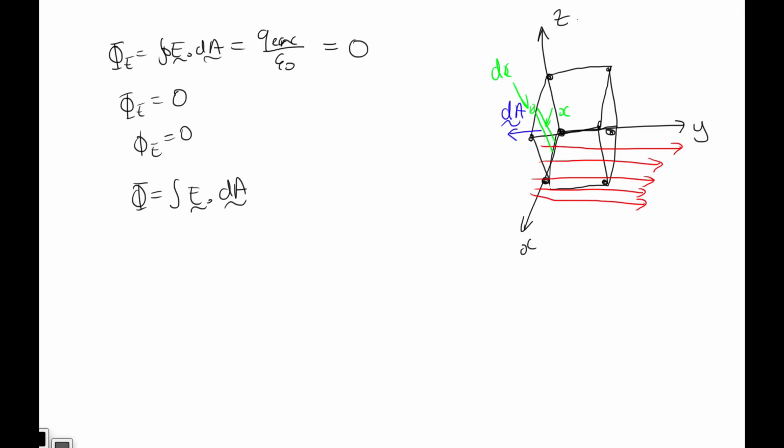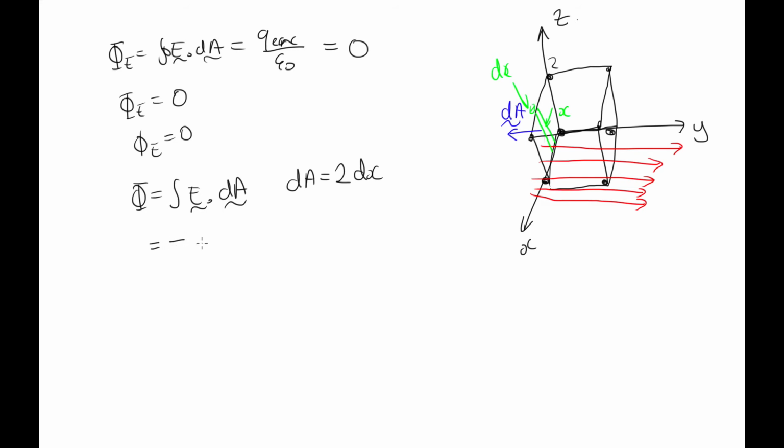The area of the slice is given by the height, the z distance going from 0 to 2, so a height of 2, and a width of dx. So this is dA, and when we take the dot product between E and dA, they're anti-parallel.